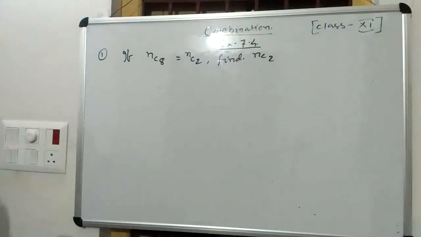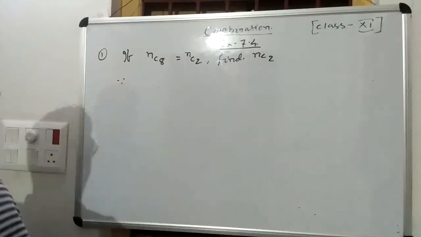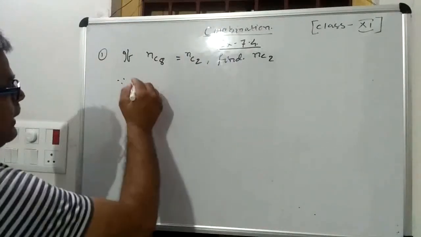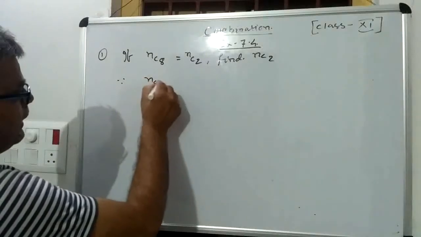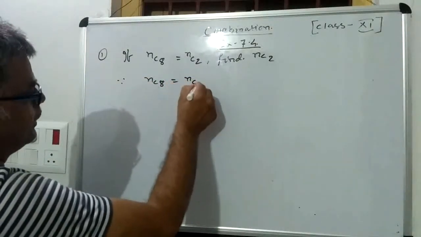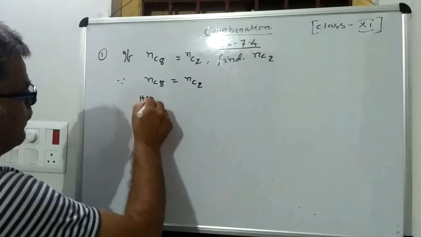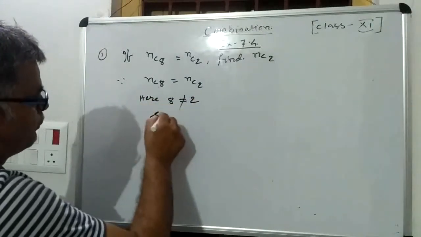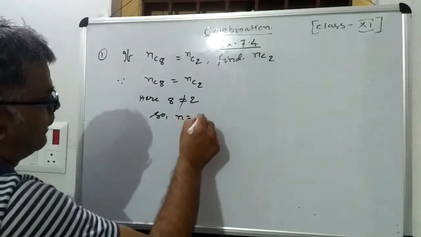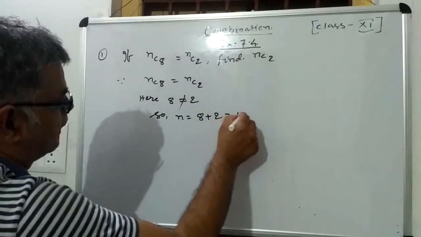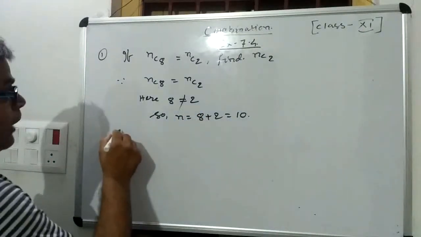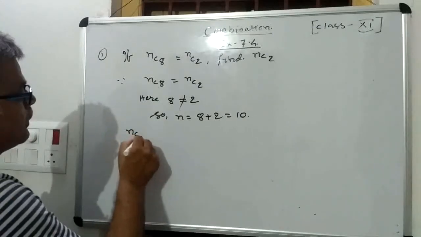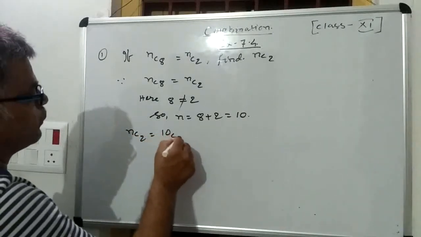Now since nC8 equals nC2, here 8 is not equal to 2, so n equals 8 plus 2, that is 10. And now we have to find nC2 equals 10C2.